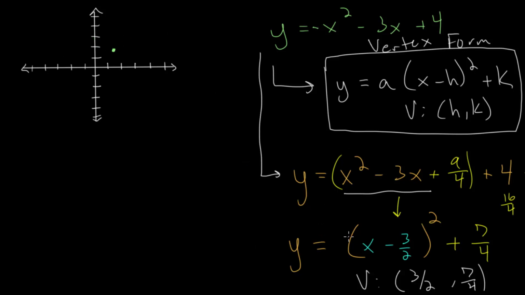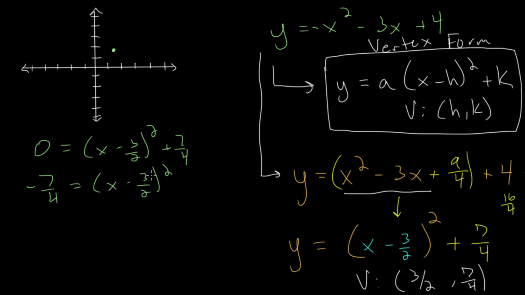In fact, we can test this because the x-intercepts just come when y is equal to 0. We can set this equation equal to 0 and solve it so that we have 0 is x minus 3 halves squared plus 7 fourths. We will subtract 7 fourths on each side, so minus 7 fourths is equal to this squared expression, but that should throw up a red flag.